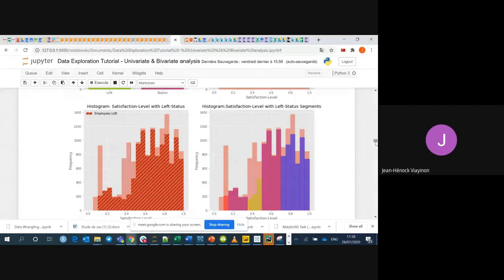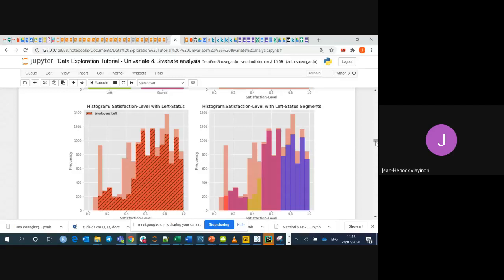If I take the satisfaction level, it is maybe correlated with the left status. So the satisfaction level is the next variable I should consider to check against the left status. Or if I look at the satisfaction, I saw that it is correlated with the salary of the employee, or with the number of hours of work in the company, or in the department.